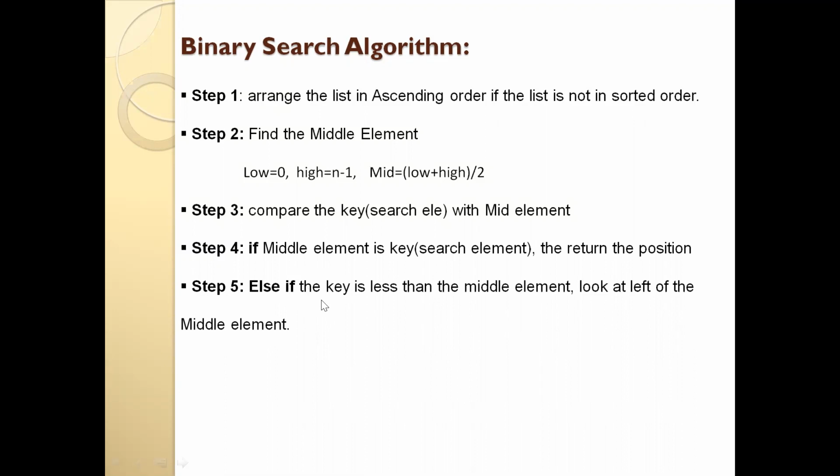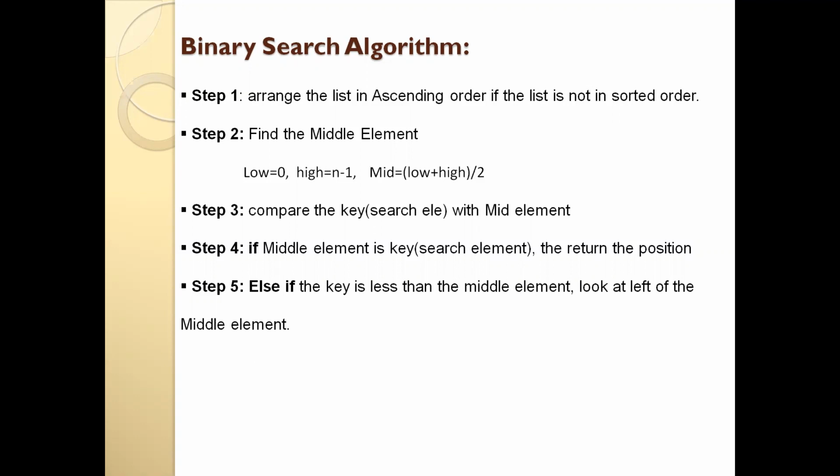then compare whether our search element is less than the middle element or greater than the middle element. Suppose the search element is less than the middle element, then we need to search for that element only in the left list of the middle element, because all the elements are arranged in ascending order.